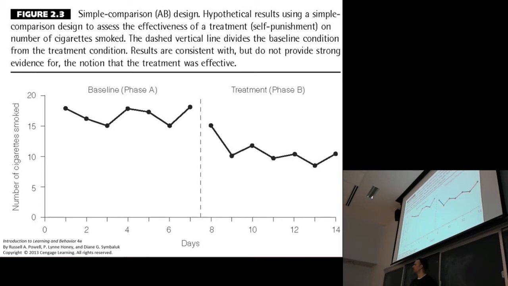Yep. Like environmental factors, like something else happened that caused them to stop smoking? Yes, that's the key. Something else might have happened during this week that is the actual cause of their decrease in smoking. So what might cause somebody to decrease their smoking for a week?